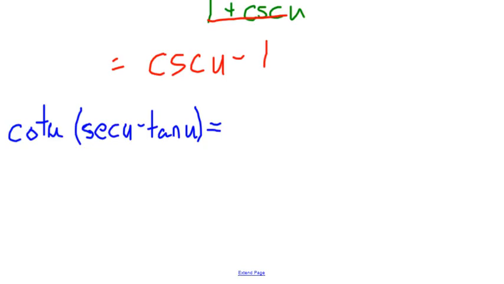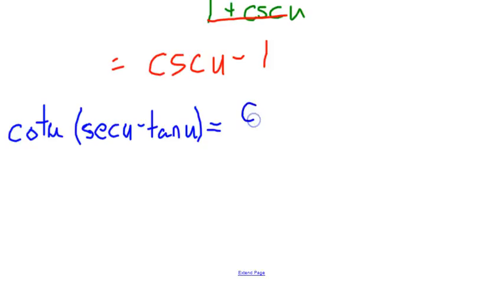So now if we start with that right side of the equation, cotangent u times the quantity secant u minus tangent u, we want to simplify this down and see if we can get it to cosecant u minus 1. So first thing I'm going to do is rewrite everything in terms of sine and cosine.